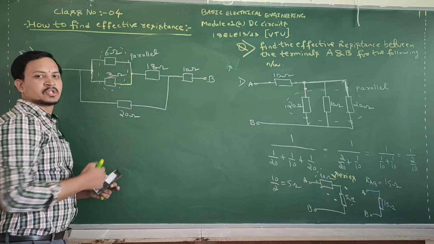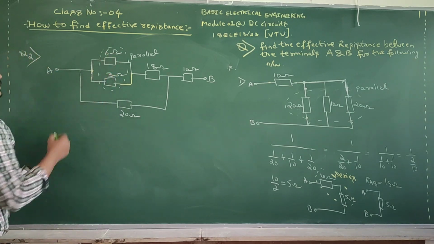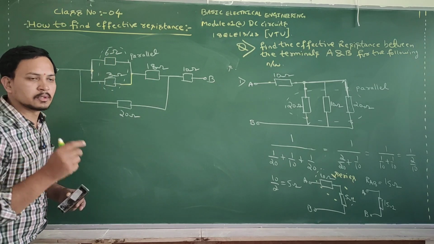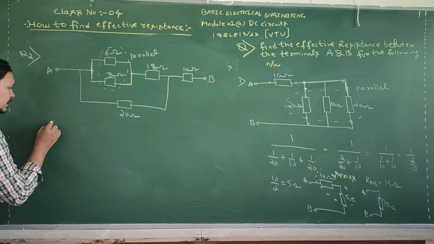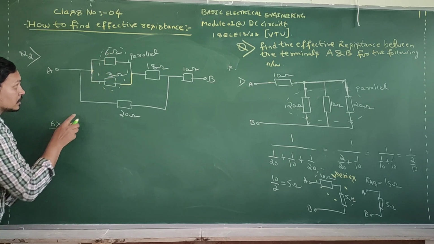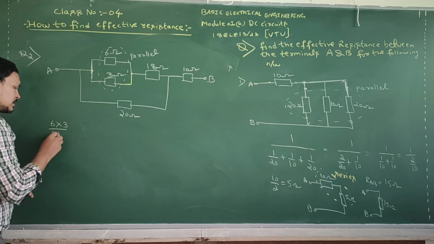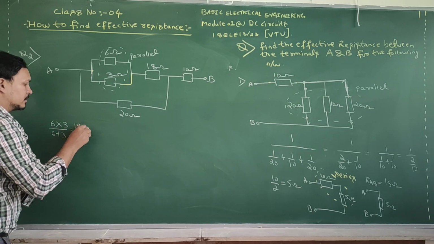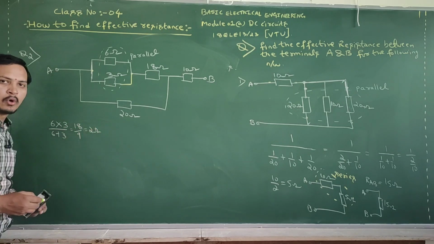Don't modify the question itself. Only 2 resistors are in parallel. When 2 resistors are connected in parallel, the numerator is the product of the resistor values and the denominator is the sum. 6 times 3 is 18, 6 plus 3 is 9. So you will get 2 ohm resistance.